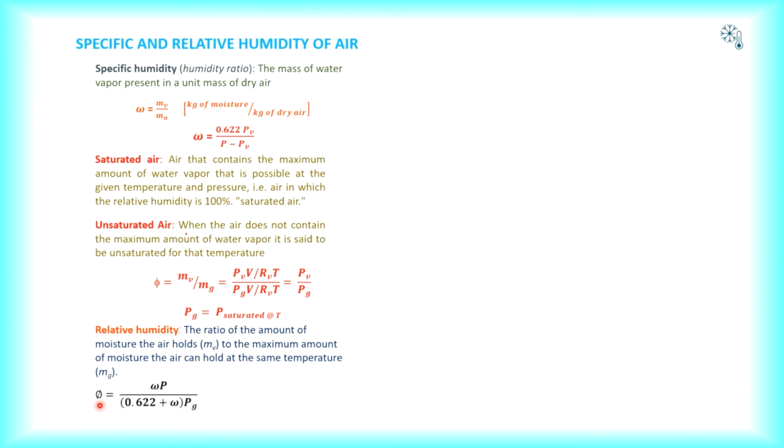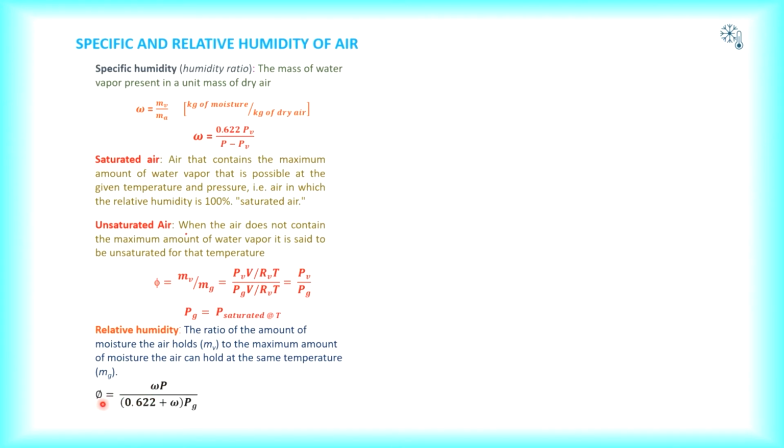If we want to find relative humidity, we can use this formula here. We can also use this formula. This one, you can see, has no PV inside the formula. So you can manipulate these two formulas and get something like this.